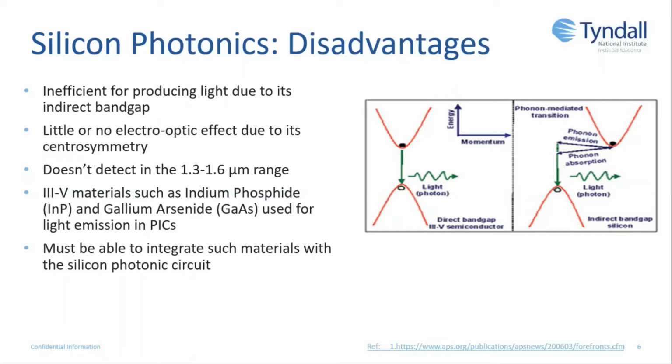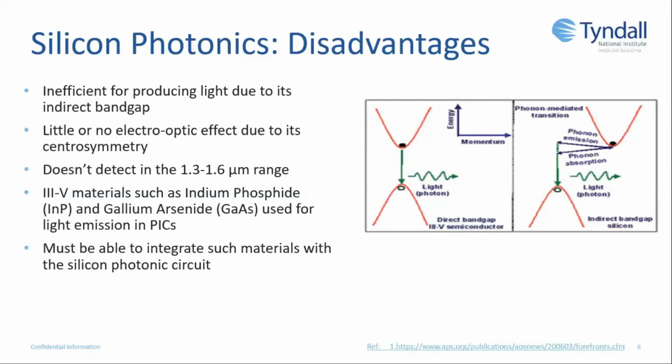This is due to conservation of momentum laws. So the involvement of the phonon makes the process of radiative recombination much slower and less likely to occur. Therefore, rather than using silicon as a laser, we would instead use III-V materials.